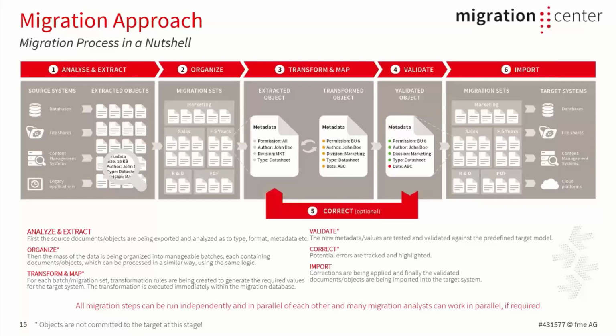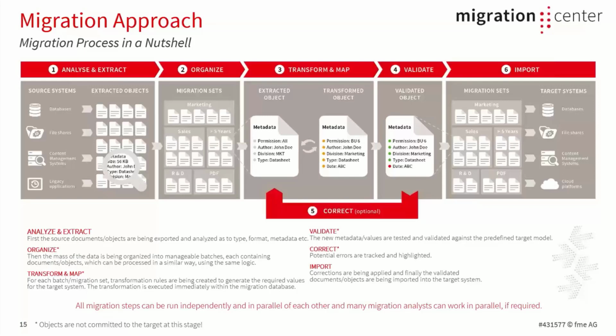Then we have organize, which we just saw on the previous slide. You build specific migration sets as you need them, for example marketing, sales, modified over 5 years, and so on. So absolutely up to you.